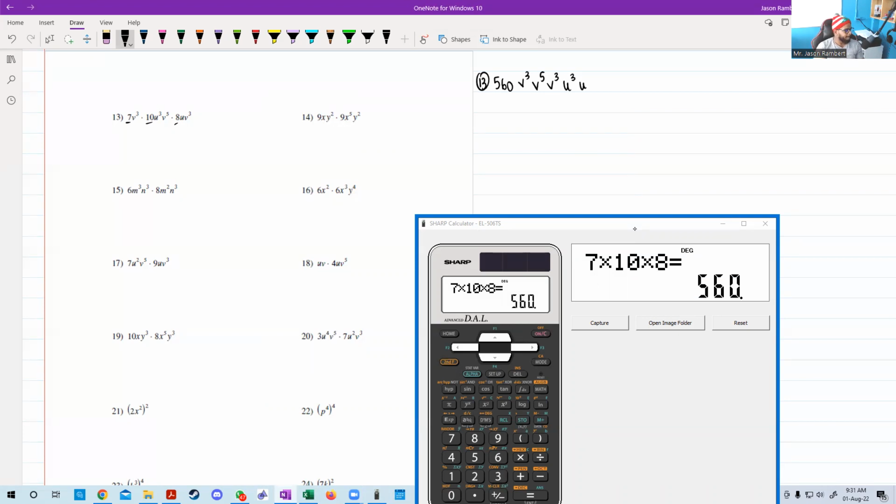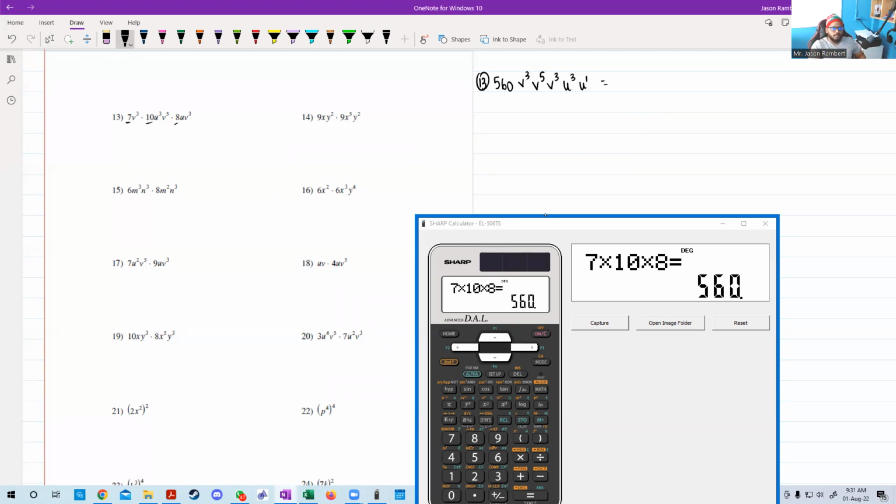Everybody comfortable with that? Which law will I use now? Law 1. I'll use law 1 for the v's and law 1 for the u's. Now, we established that the second u has a power of 1.